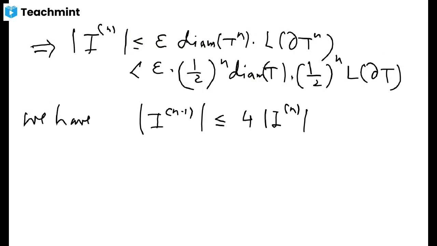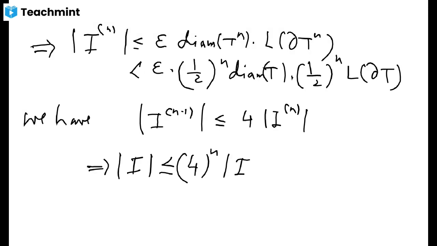If you keep applying this successively, what you get is that the modulus of I is less than or equal to 4 to the power n times the modulus of In.